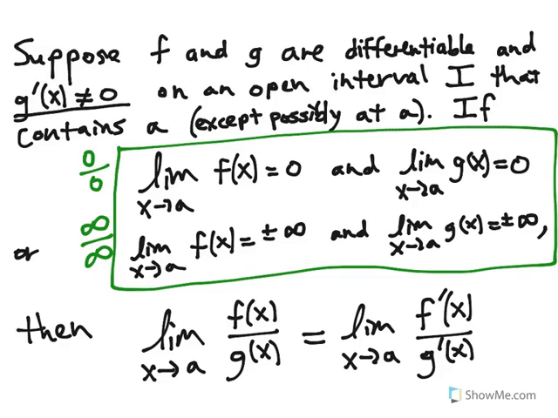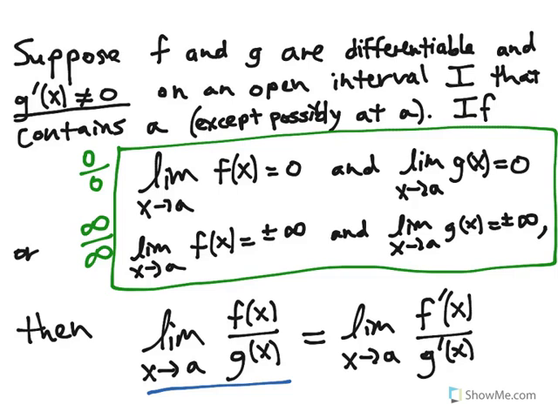So if f and g are both differentiable on an interval, and when you take the limit as x goes to a of f of x over g of x down here, if that gives you 0 over 0 or infinity over infinity, then what L'Hopital's rule says is that all you actually care about is the derivative of f and the derivative of g, and you take that limit.